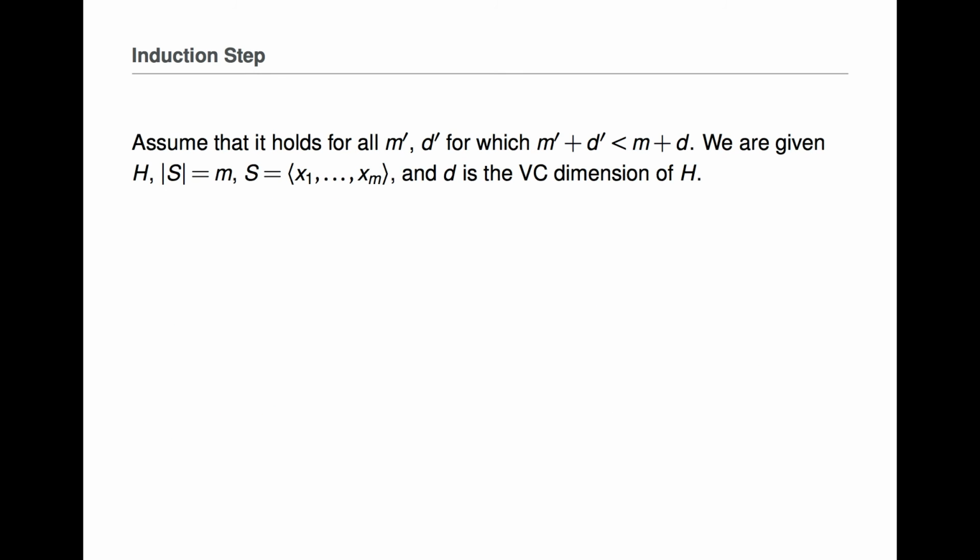Okay, so now let's assume that our statement holds for all m prime and d prime less than m plus d. And so we're given our hypothesis set, that our sample size is m, and that the VC dimension of our hypothesis set is d.